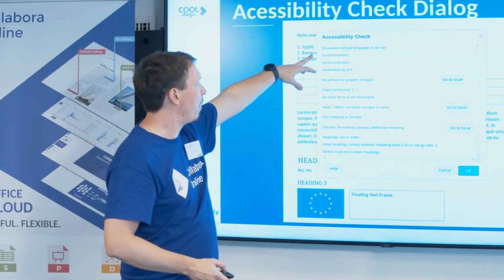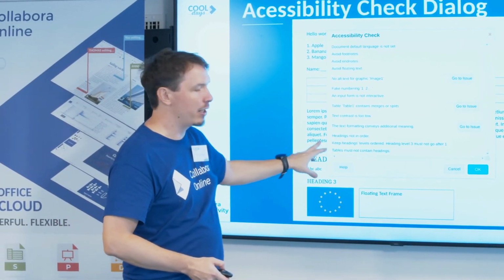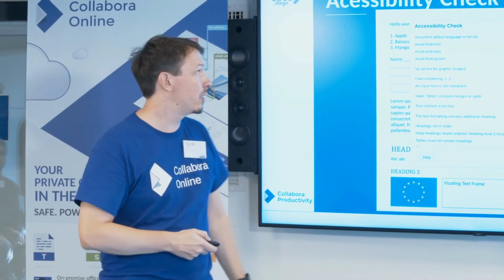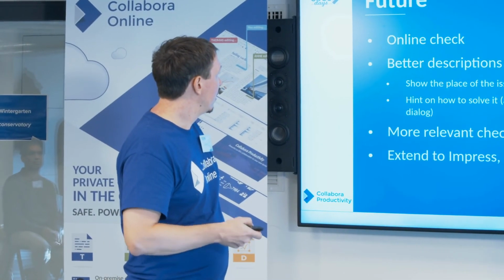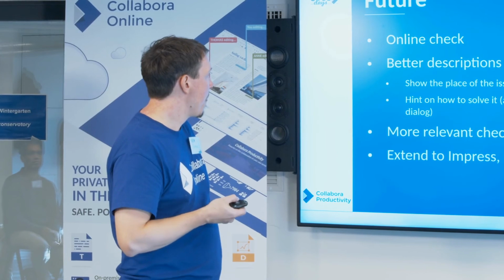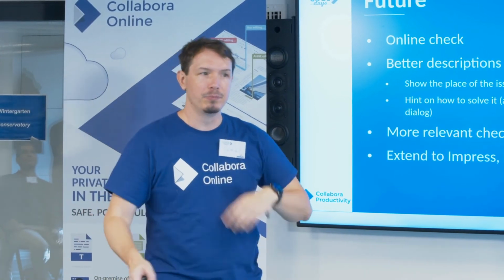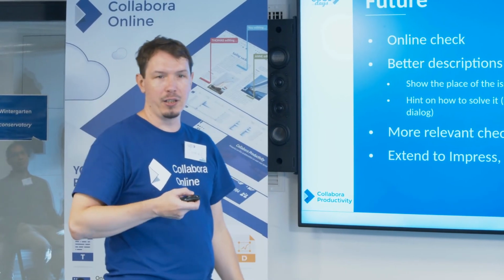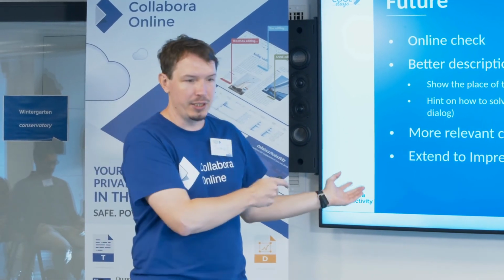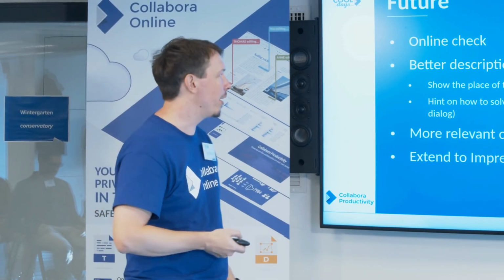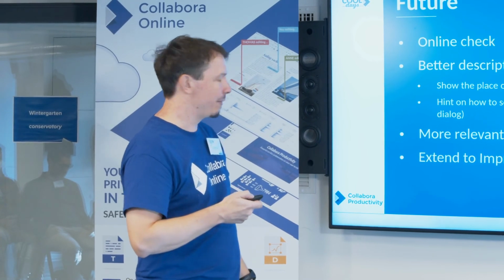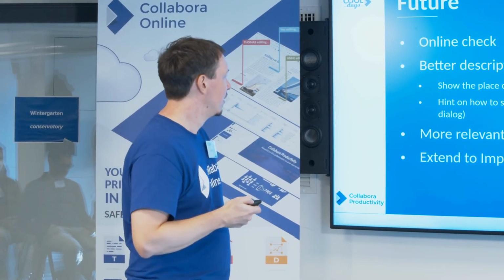Not all buttons are implemented yet, so this needs to be done. We also need to describe a bit better how you can fix the problem, not just state the issue and leave you to find the solution yourself.